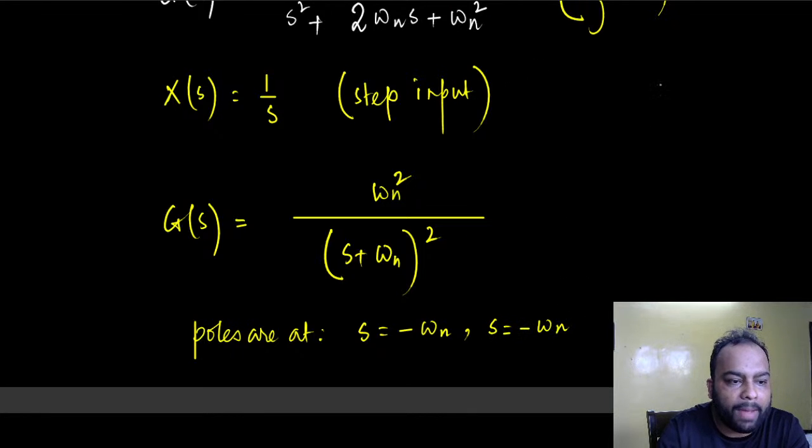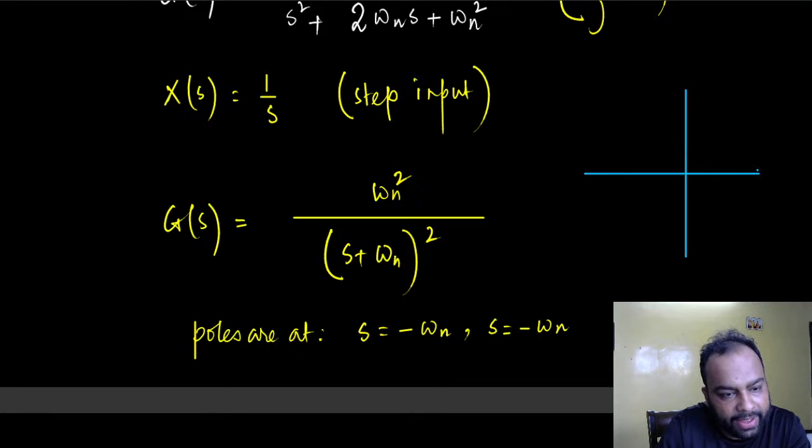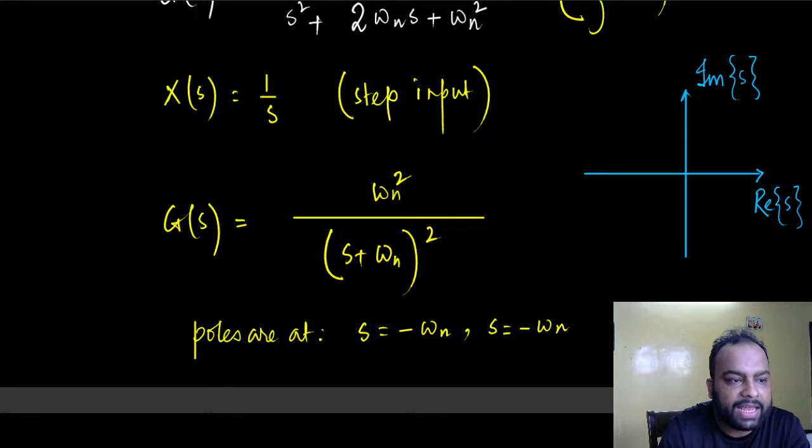So if I draw my complex plane here, my complex frequency plane, this is the real part of s and this is the imaginary part of s. Then my poles, for this particular scenario, are both located at the same point, so they are real and equal poles.